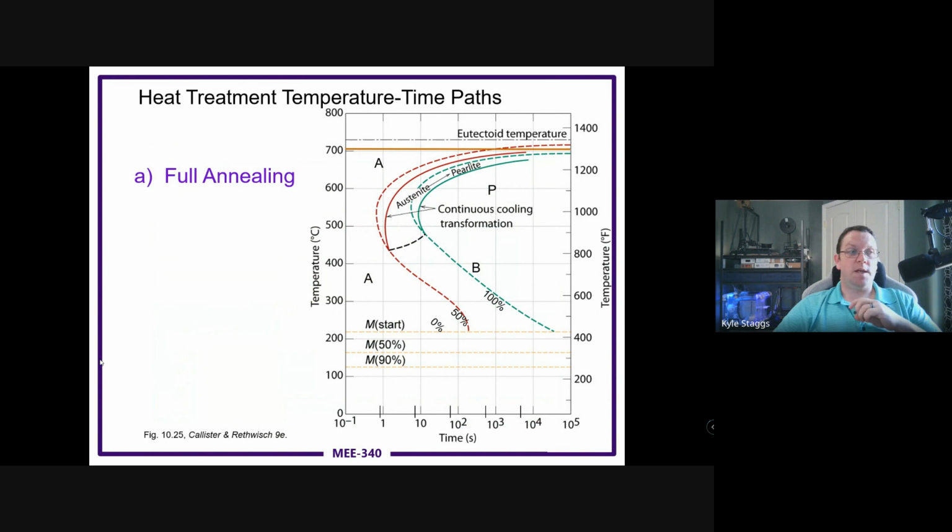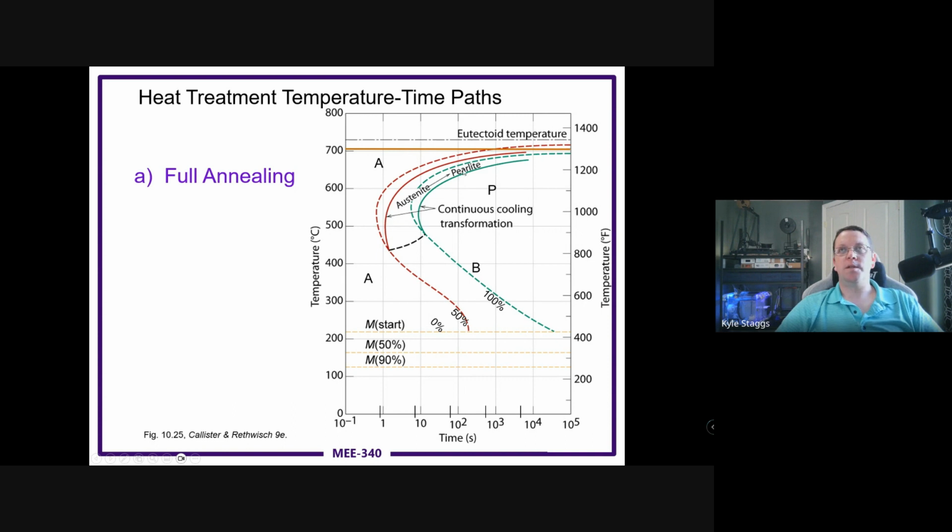So full annealing starts with a continuous cooling transformation curve. This is a curve that shows where there's a transition, starting from the eutectoid temperature. Again, that's the lowest temperature at which you have a phase change with the material for any given composition. So that eutectoid temperature is just a little bit above 700, 747 C or whatever it was, for steels.